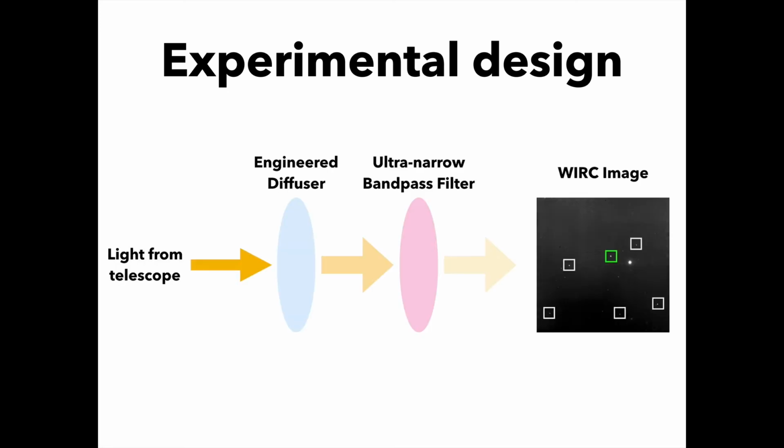Our experimental design is pretty simple. We take light from the telescope, and we pass it through an optical element called an engineered diffuser, which just helps us control systematics. That light then goes through an ultra-narrow bandpass filter that is centered on that 1083 nanometer line. And then it forms our image, where we can take a picture, much like you would take a picture with your iPhone camera, except that we take it in the infrared.